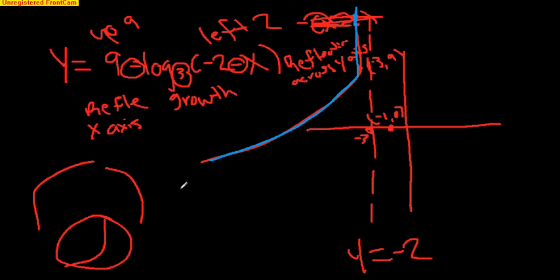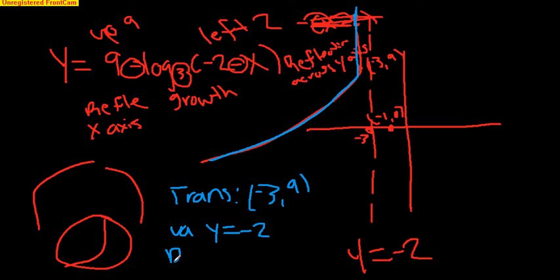Okay. So our transformational point for this one is at -3, 9, because we started at -1, 0 and went to -3. And then our vertical asymptote, y equals -2. Our domain, this one's going max to -infinity, parentheses, and then the max is -3.